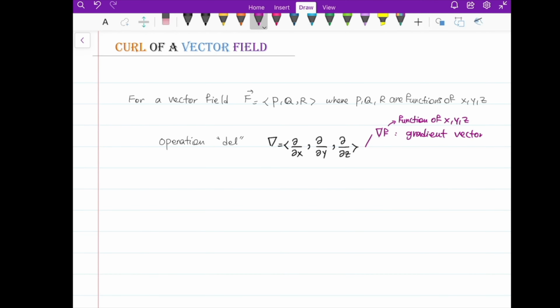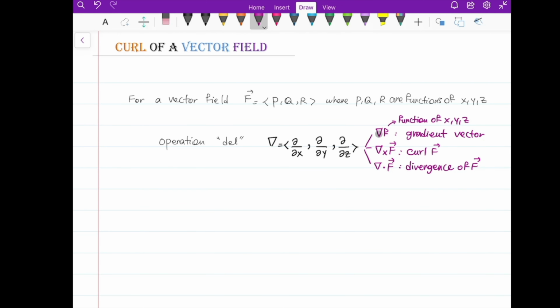Then we say del cross the vector field F is called curl of F. And del dot product with the vector F is called divergence of F. Okay, so we define two operations on vector fields. One of them is curl of F, the other one is divergence of F. I'm going to talk about divergence in the next video, but for this video we're going to talk about curl.